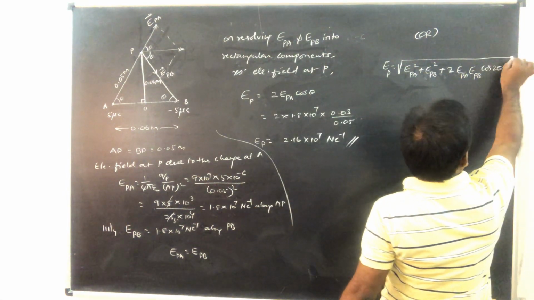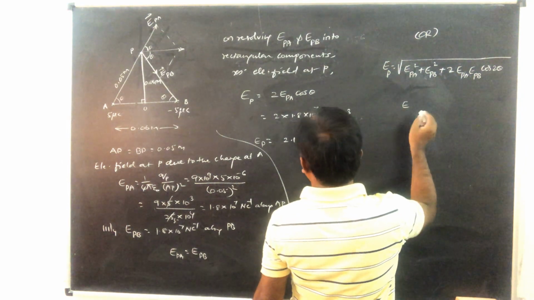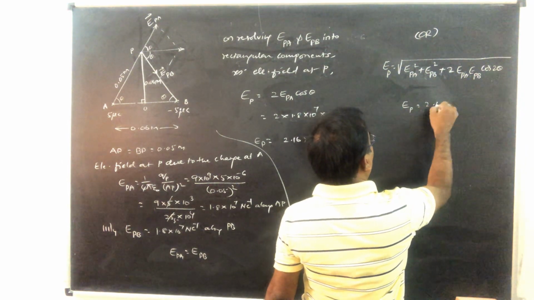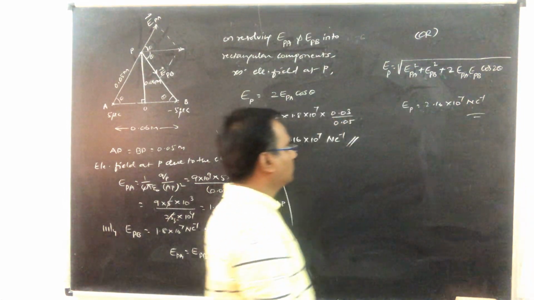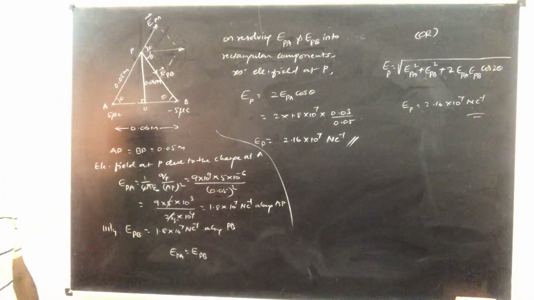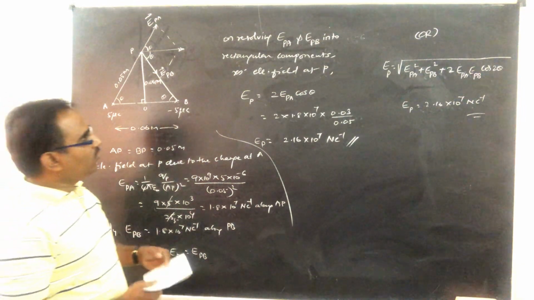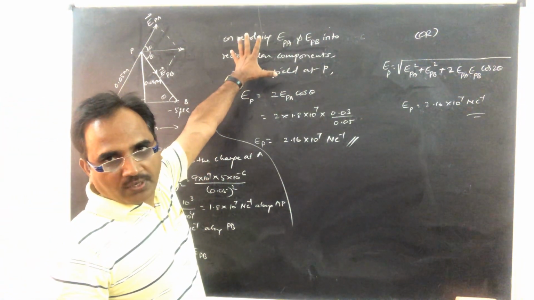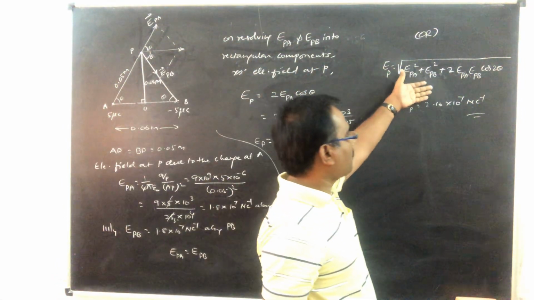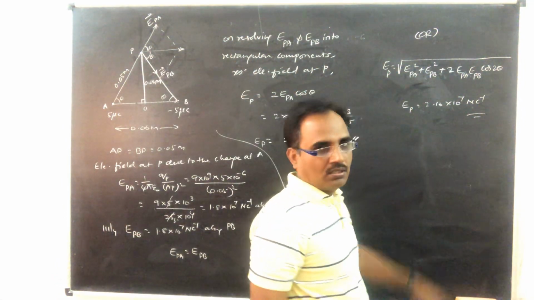Even by taking this formula you will get the same answer. So when you resolve into rectangular components, you get this equation. Without resolving into rectangular components, straight away you can use the parallelogram law of vector addition and get the answer like this.